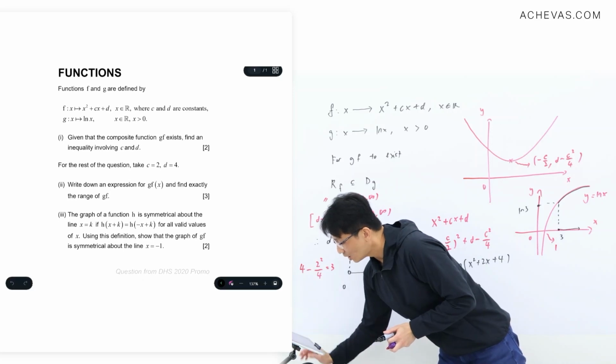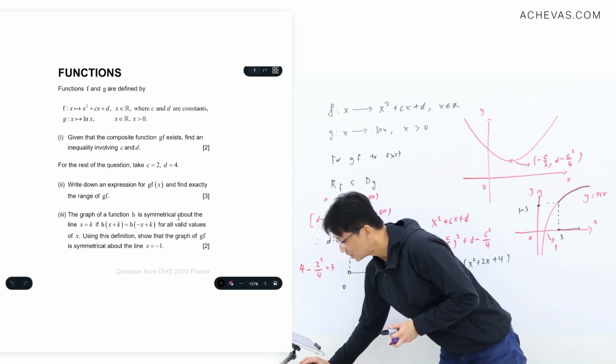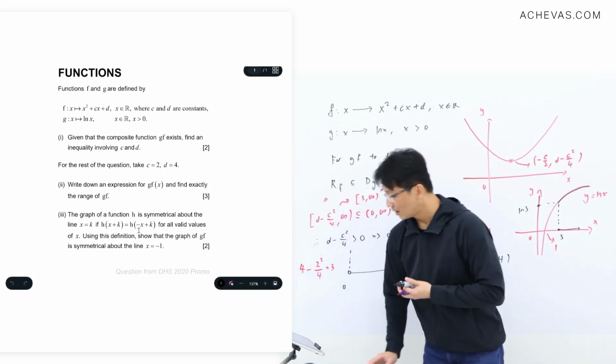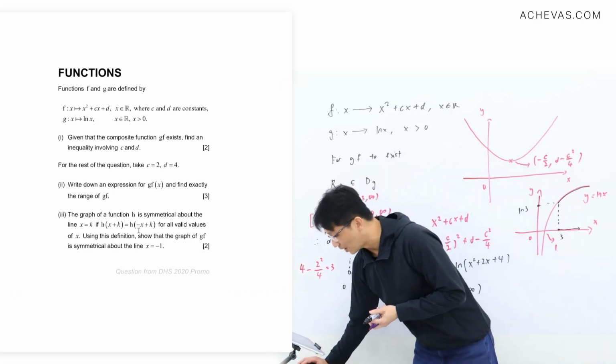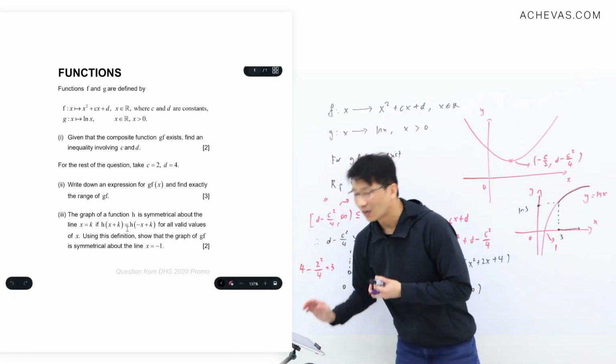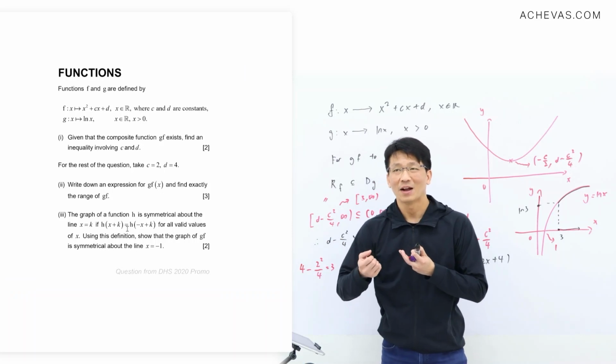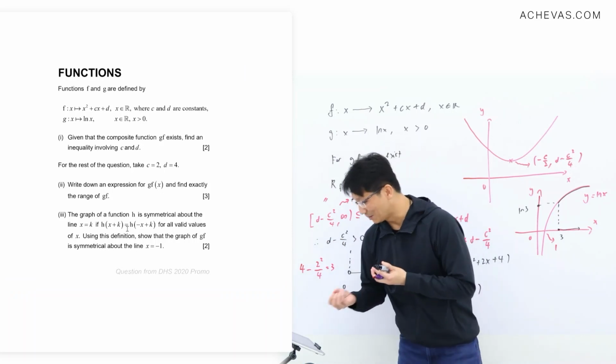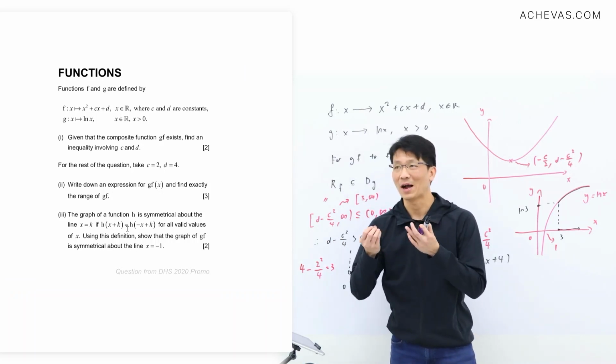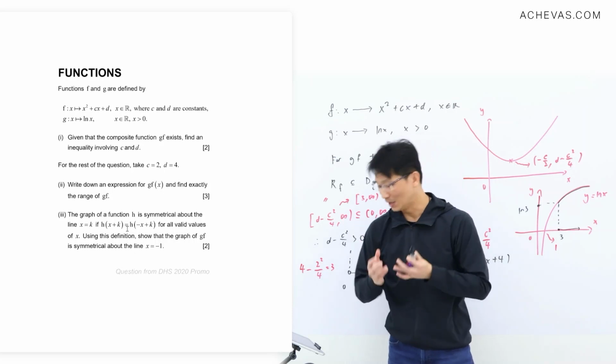For part 3 of the question, it says that the graph of the function h is symmetrical about the line x equal to k if you are given this expression here. And when they give you this type of definition, actually we don't really need to try to understand how it is possible or why the relation holds in this case.